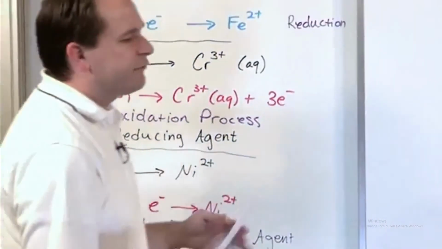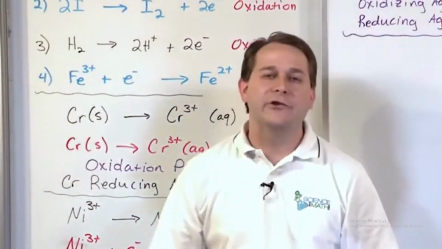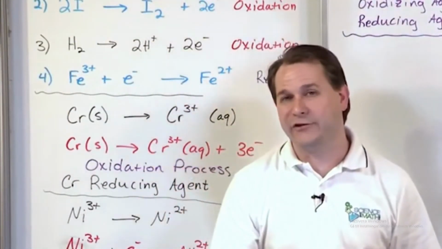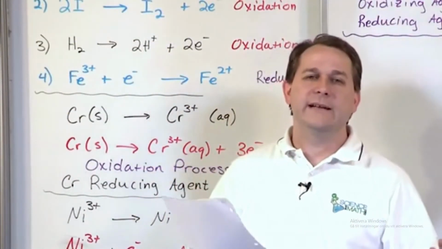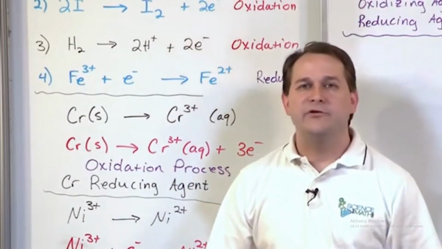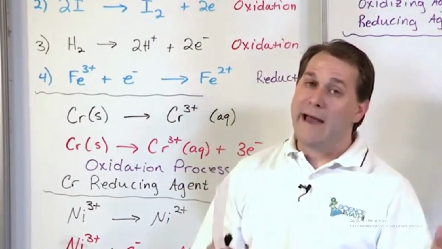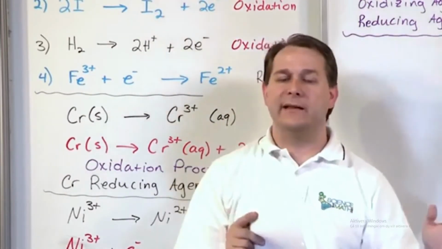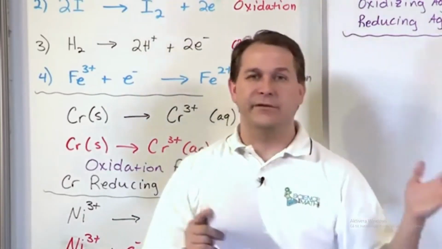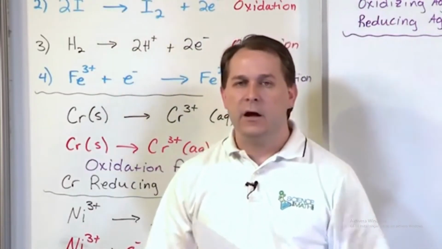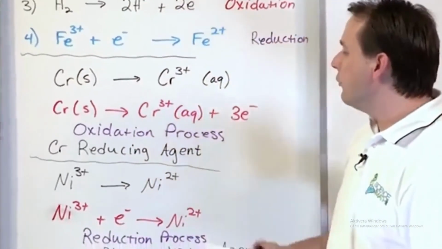So this is a good introduction to half reactions, trying to understand what half reactions look like, and also basically balancing half reactions and trying to make them balance for both mass. That's what we're usually talking about balancing. We're trying to make sure the atoms are the same on both sides of the yield sign, but also trying to make sure that the charge is balanced.